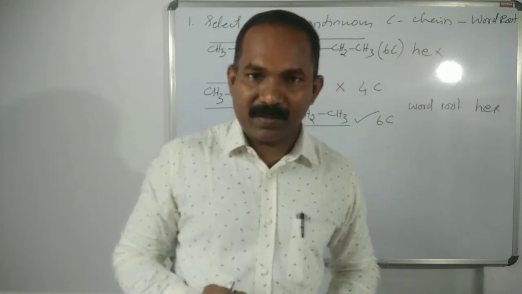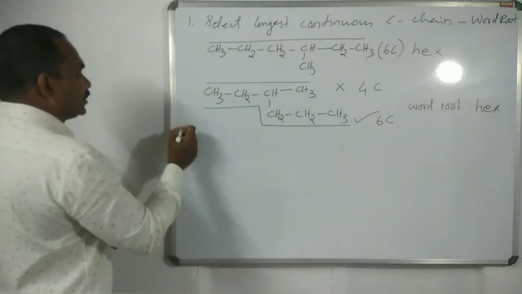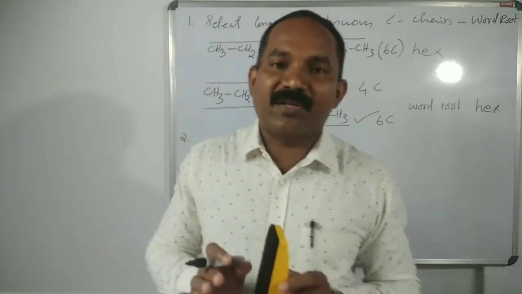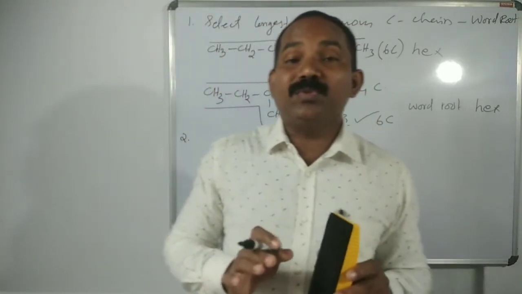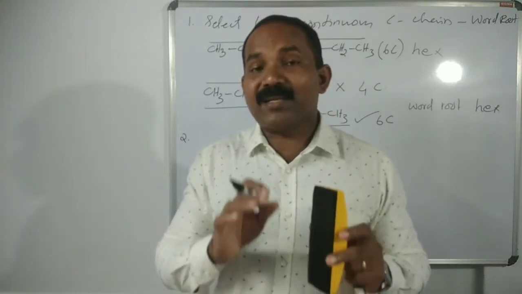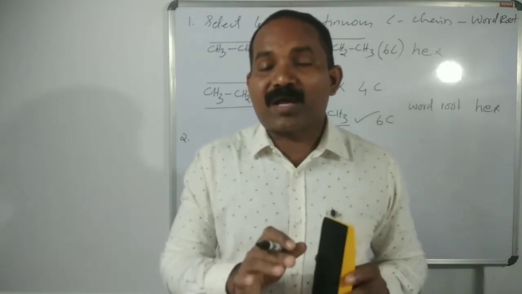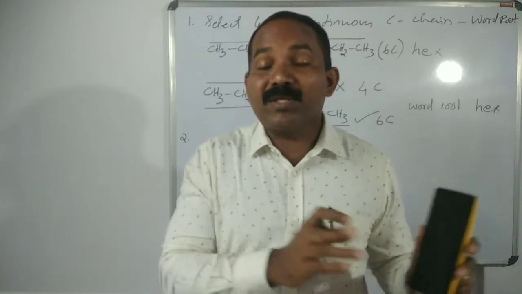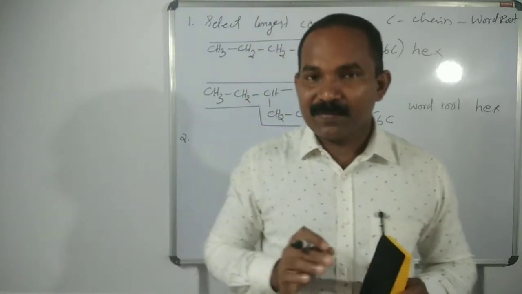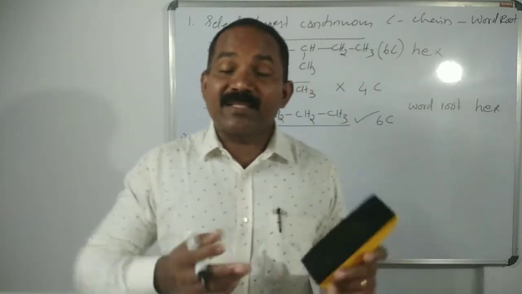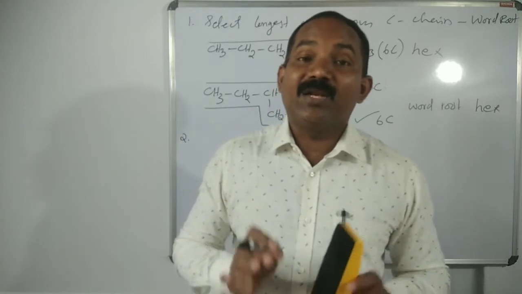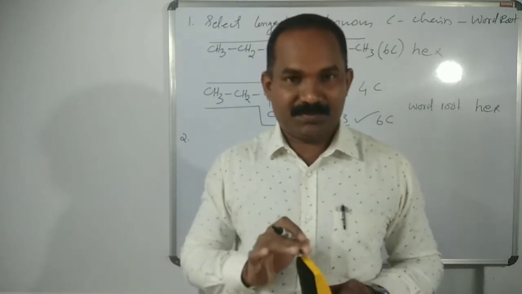Are you clear? Then the second rule is to number the hydrocarbon chain from one end to the other end. While numbering, if there is any substituent, the substituent will get the lowest possible number.